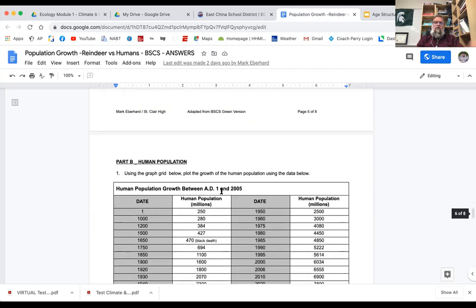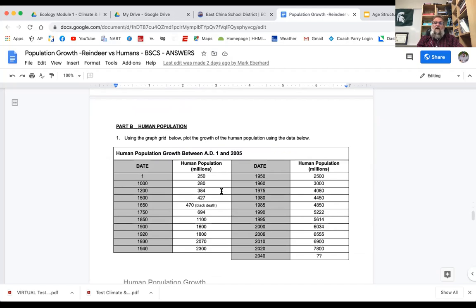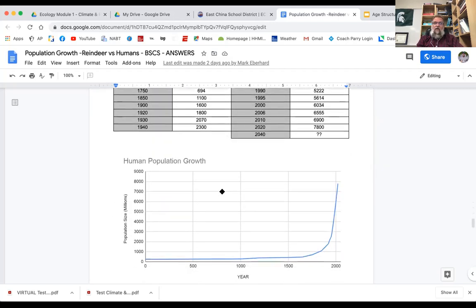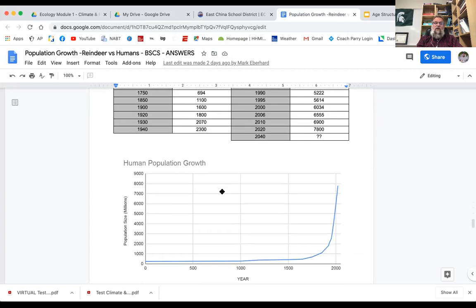So then we go to the human population, and we were asked to graph the human population. I just made this one quickly on the computer. The biggest mistake I see with a lot of students is they want to put the year 1 and then the year 1000. And you end up with a graph that goes something like this. Totally wrong. Remember, you have to go in equal increments, equal increments.